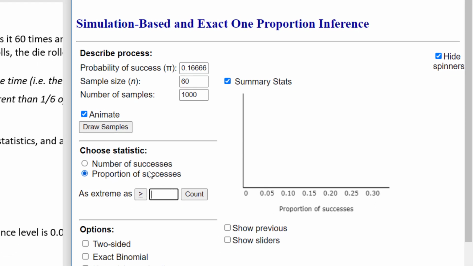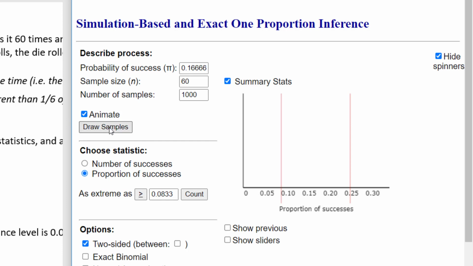Our statistic, if you go to number of successes and just put in that he got 5, and then you switch to proportion of successes, it actually will calculate that decimal for you. 5 out of 60 rolls is 0.0833, 8.33% of the time he rolled 2s. But if you want a two-tailed test, you need to come down here below that to options and select two-sided. So it's going to count on both the left tail and the right tail.